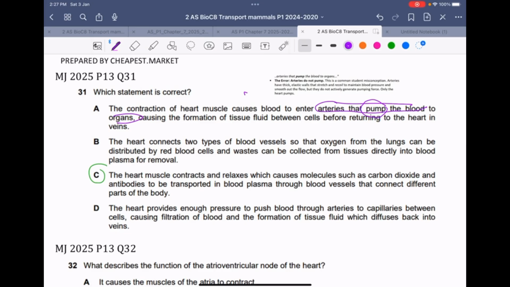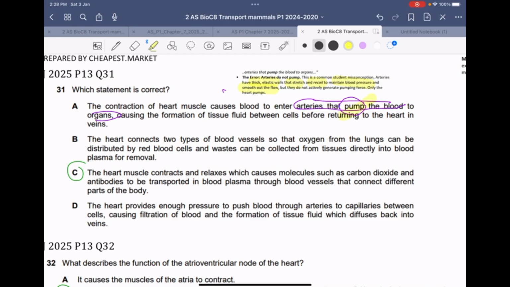So artery, they have a very thick elastic wall. Okay, they can stretch and recoil to maintain the blood pressures because artery, they have a smooth muscle, and then they can smooth out the flow due to the presence of the elastic fibers, but they will not able to ultimately generate pumping force like in hearts.